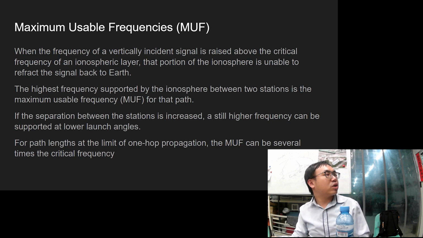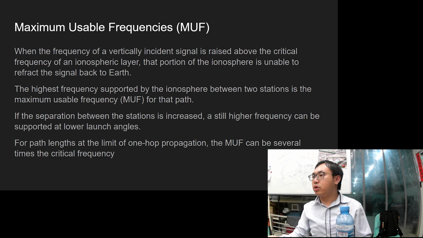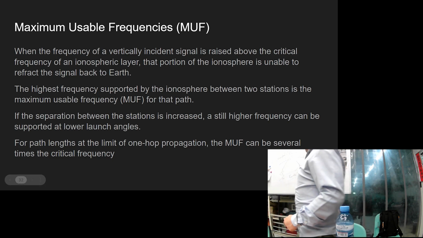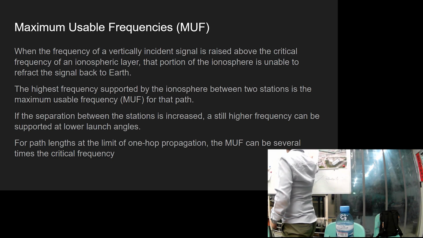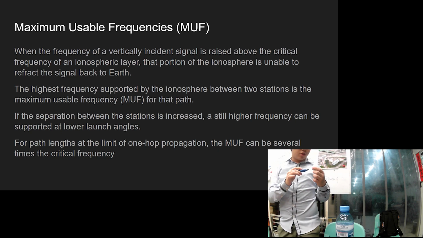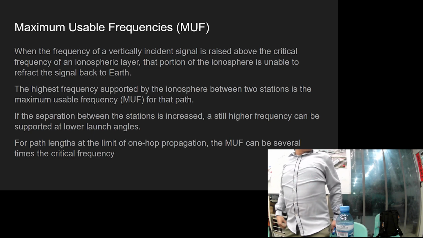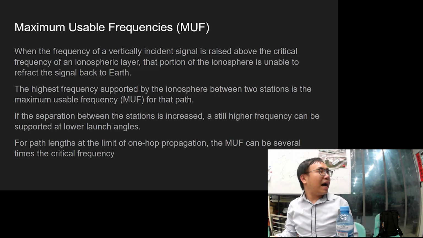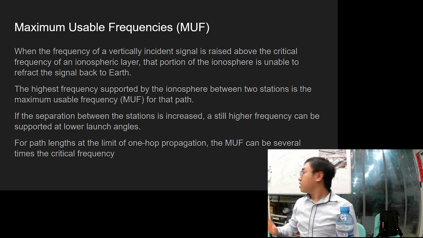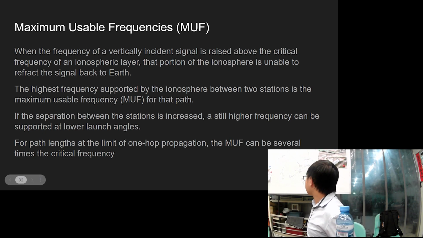And maximum usable frequency. For a vertical signal above the critical frequency, it will just escape to space. Below the critical frequency, it will come back to the ground. But the highest frequency supported between two stations we call the maximum usable frequency.